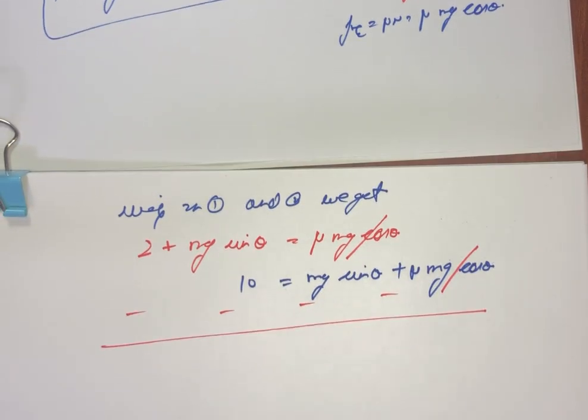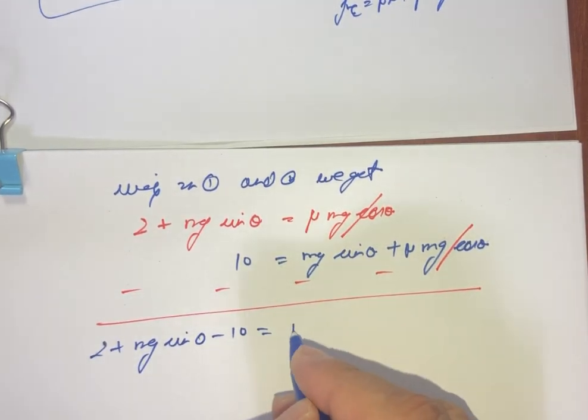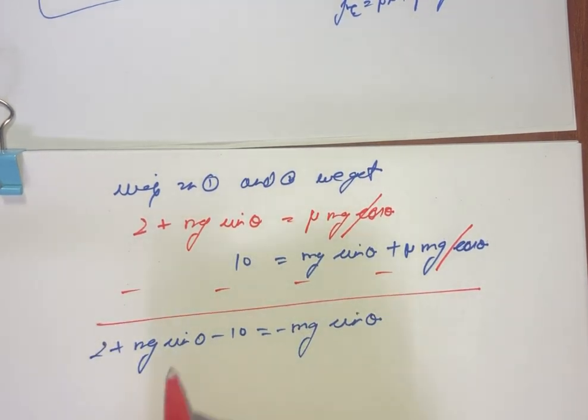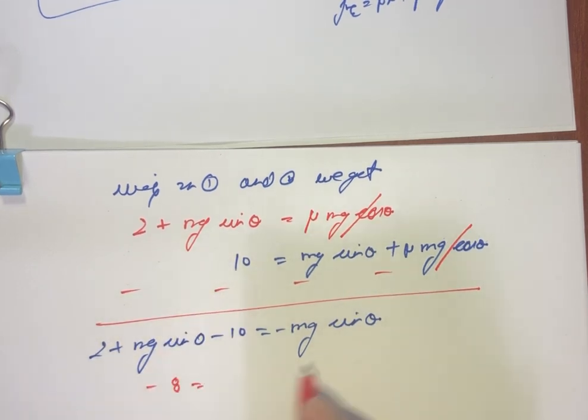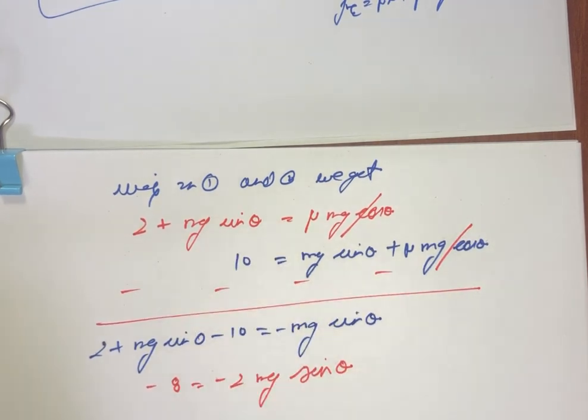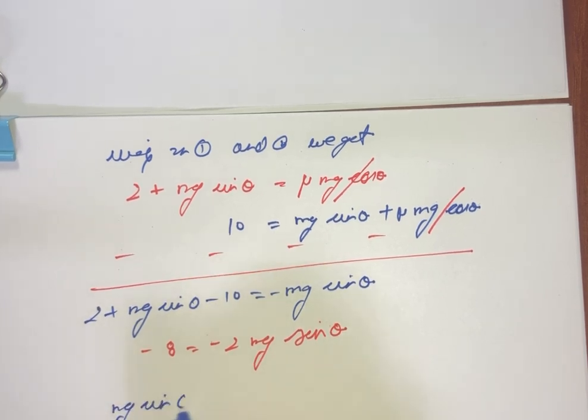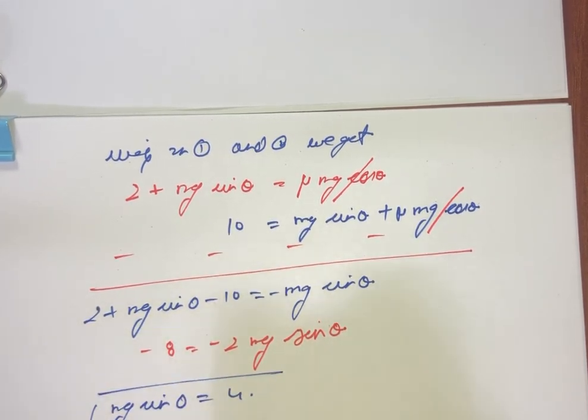these two terms cancel out, so we get 2 plus mg sin theta minus 10 is equal to minus mg sin theta, and this gives us minus 8 is equal to minus 2 mg sin theta. From here you can say that mg sin theta is equal to 4. Let this be equation number 3.